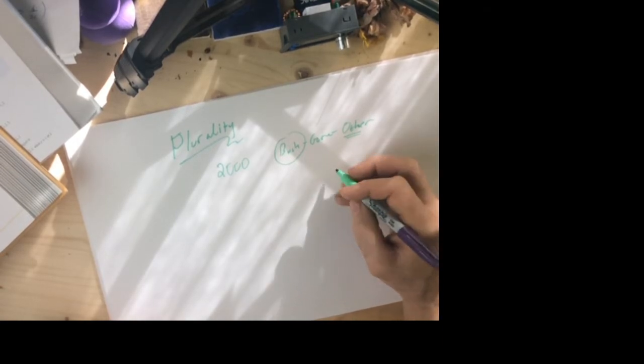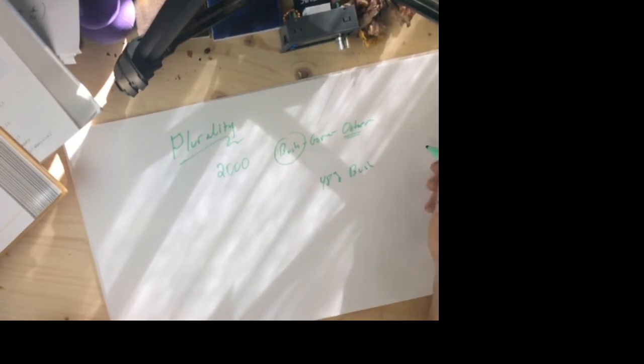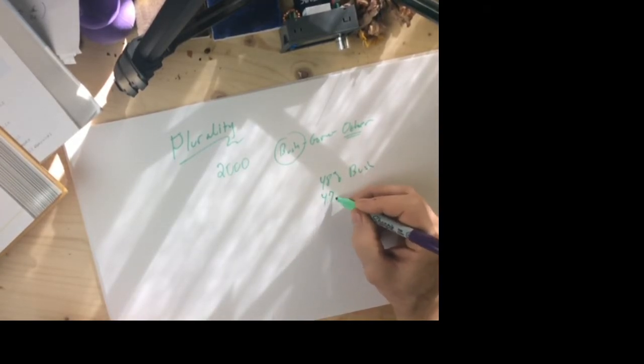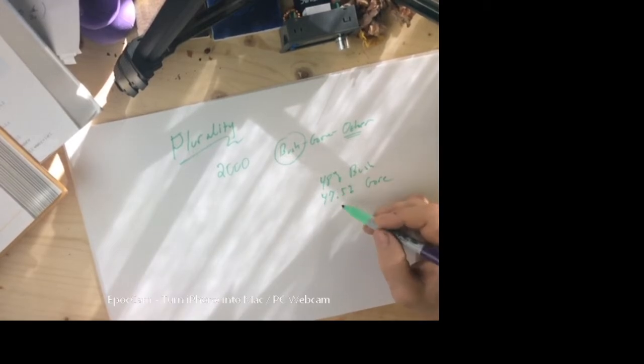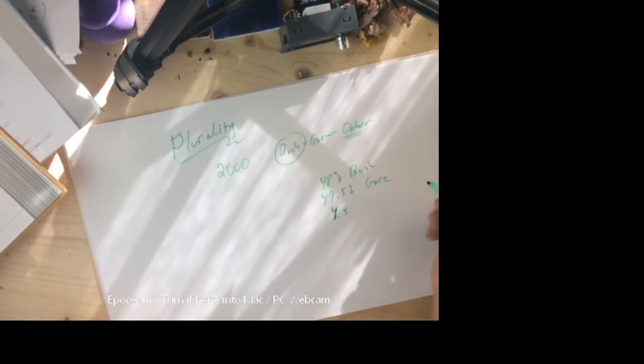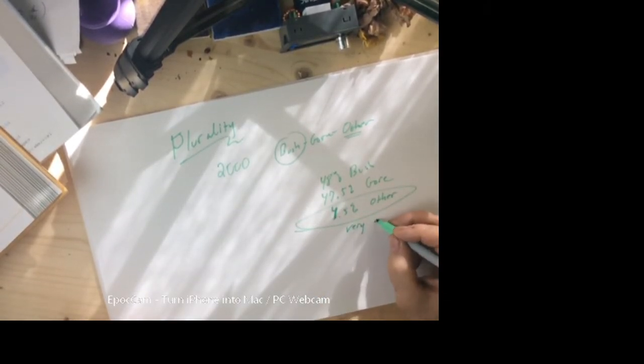So let's just notice that maybe 48% supported Bush, 47.5% supported Gore, their first choice. And then what remains, 4.5% supported other. Now, it seems pretty clear that this other candidate is very weak.